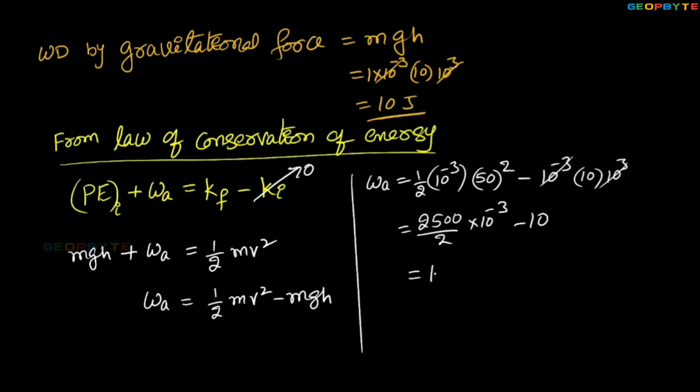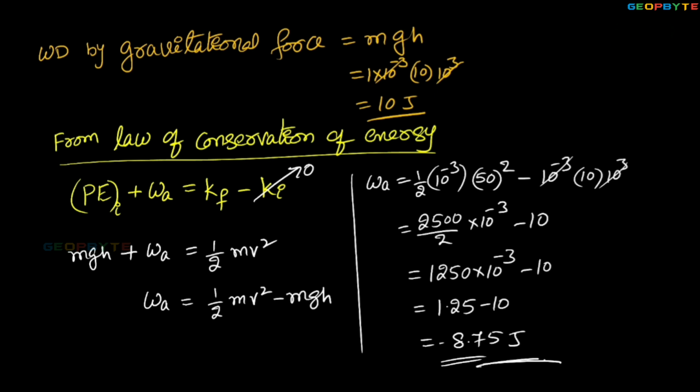It is equal to 1250 × 10^-3 minus 10. It means 1.25 minus 10 equals minus 8.75 joules. That is the work done against the air resisting force.